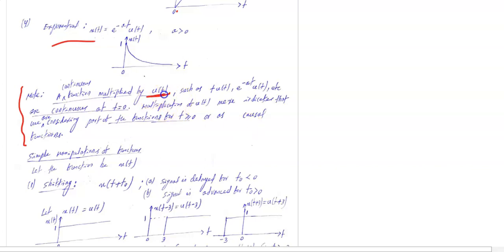Multiplied by u(t), such as t u(t), e to the power minus at u(t), sine t u(t), all are continuous at t equal to 0. Because we are showing that it's starting from 0, the multiplication of u(t) with a continuous function indicates that we are considering the part of the function for t greater than or equal to 0 as a causal function.